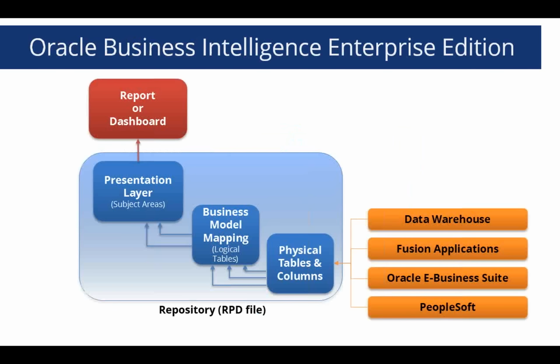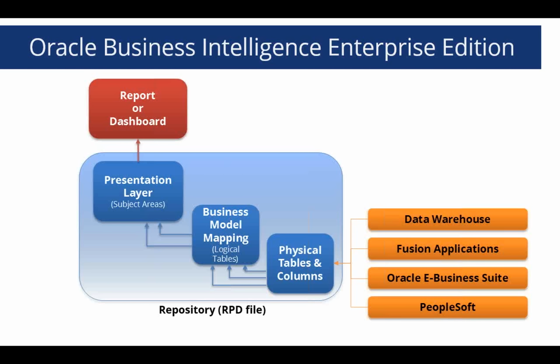Just to start peeling back the levels here, the repository file within OBIEE is where you define the solution. On the right we have the sources, be it the data warehouse or the ERP platform. At the physical layer, that's where you're defining the tables and columns in the source for the data sources, as well as the user, the account, and the password to connect.